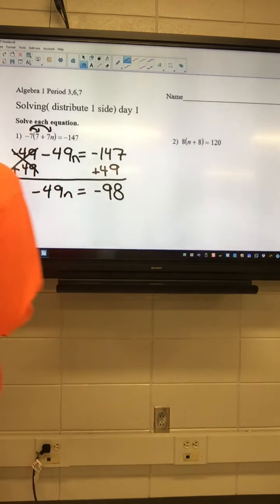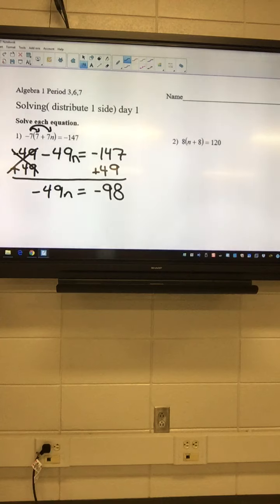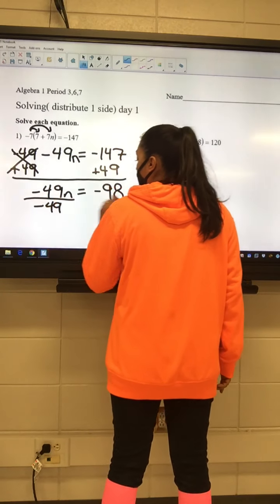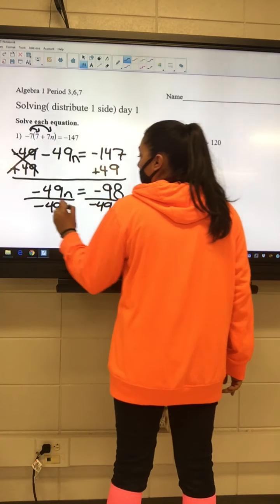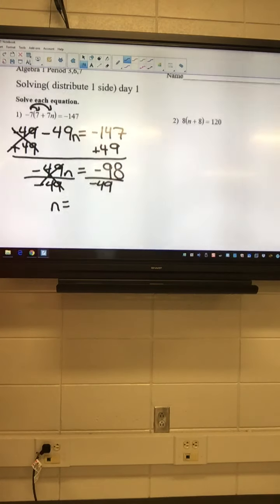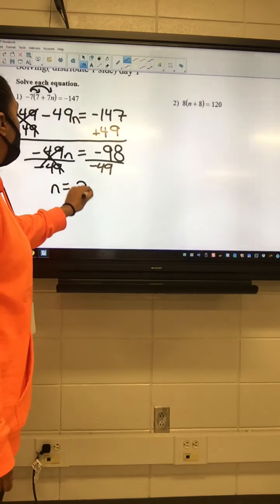Okay, and what's our last step always gonna be? Divide. So we got n equals negative 98 divided by negative 49. 2? 2.